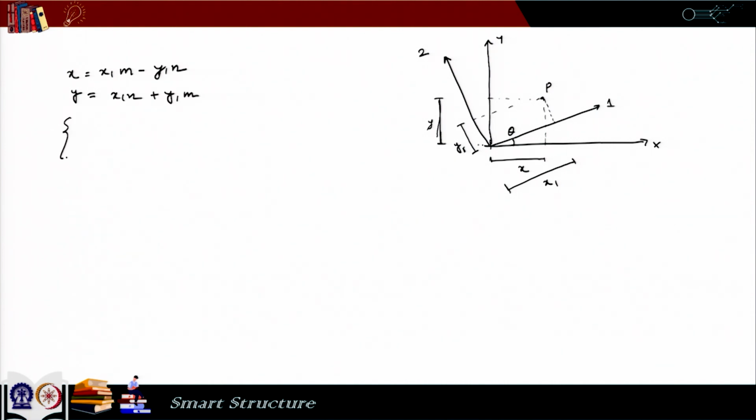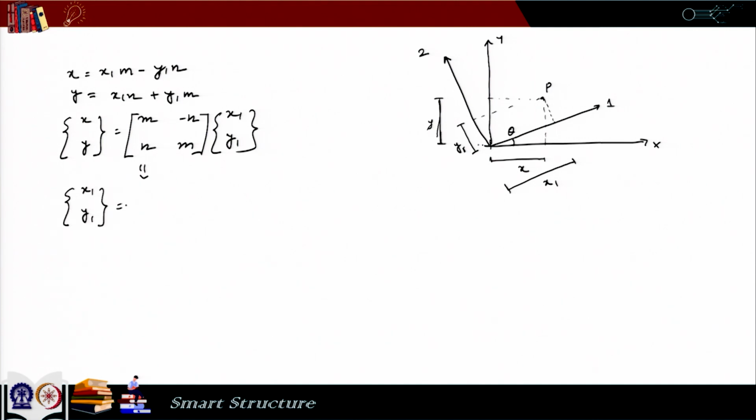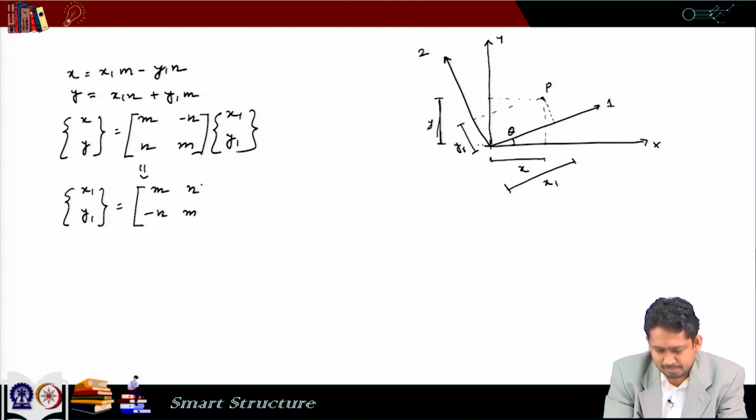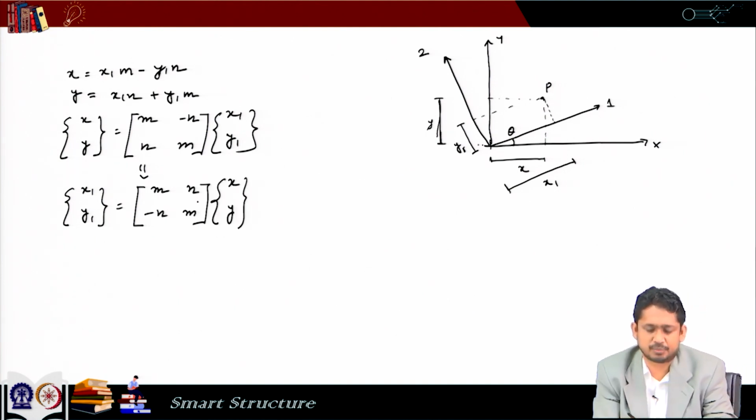So, we can write x y is equal to the matrix m minus n, n m, times x 1 y 1, and we can invert this relation and also write x 1 y 1 is equal to the matrix m n, minus n m, times x y. It is just inversion of this relation, and which gives us this.